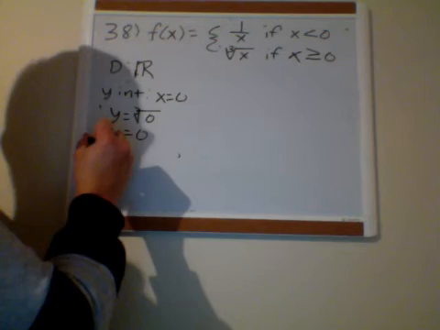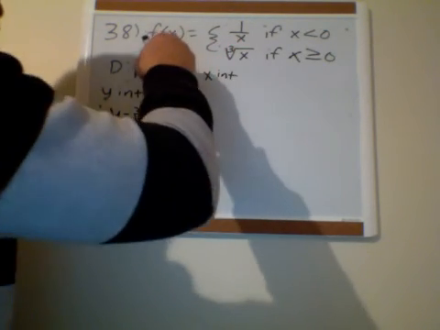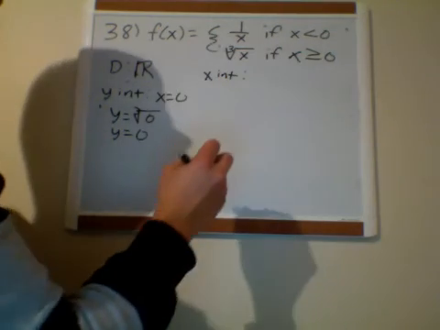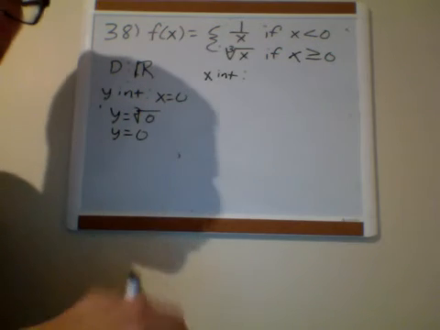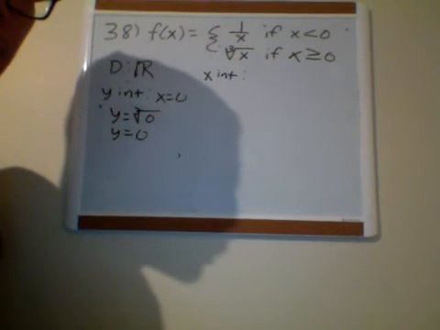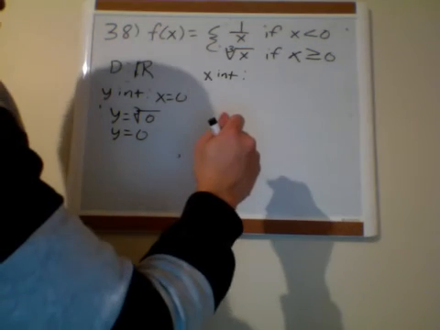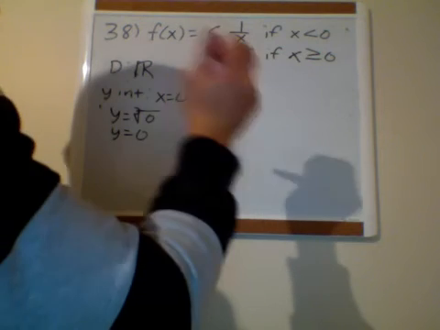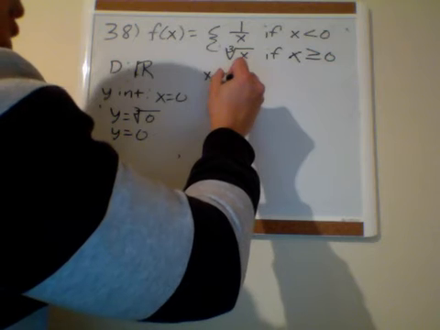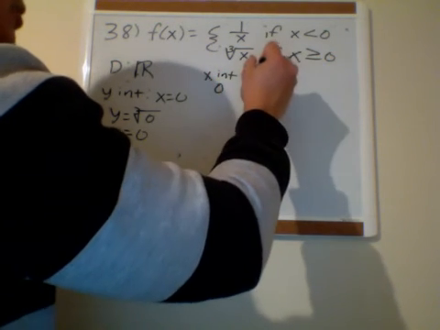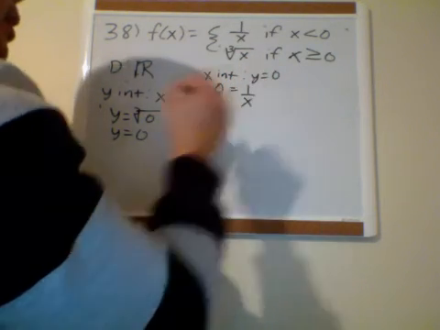Now, if I want to find the x-intercept, I'm going to set y is equal to 0. So my x-intercept, if I check the top part, by the way, if you know this is a reciprocal function already, you should know that there is no x-intercept for the top, but let's go ahead and check it. So this is when y is equal to 0. 0 is equal to 1 over x.